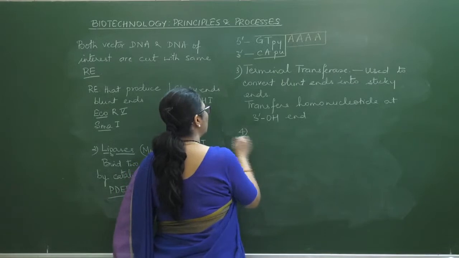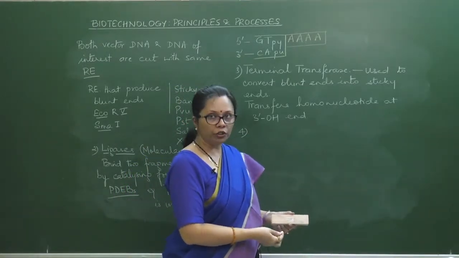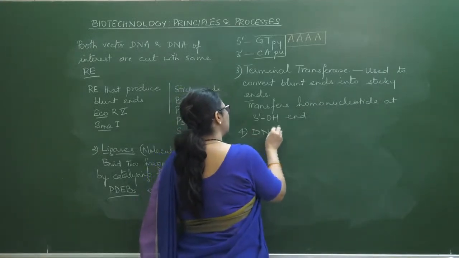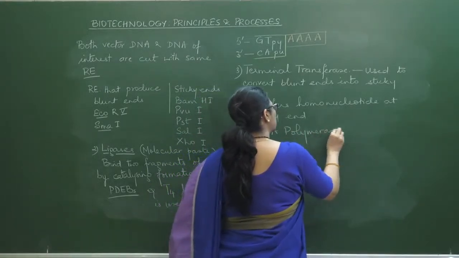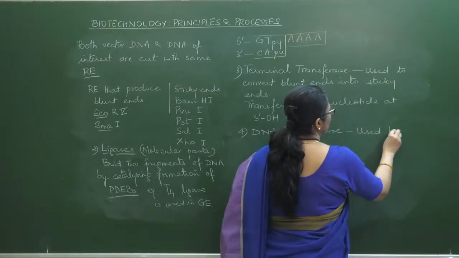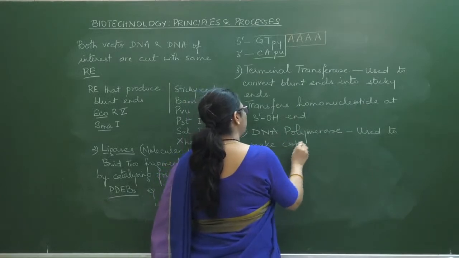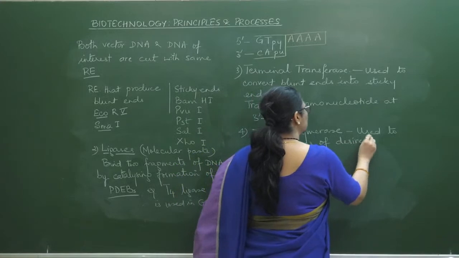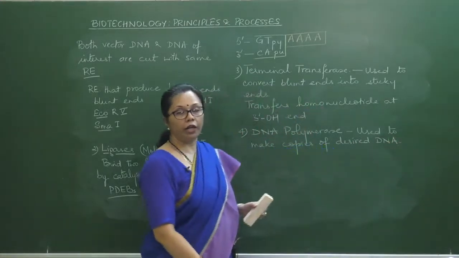And then another one, now when we have a DNA of interest, we want to make copies of it. So for that we require DNA polymerase. So this is used to make copies of desired DNA. Now this part you have already done in botany.